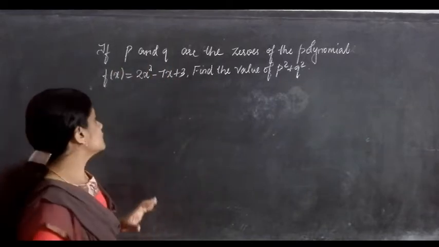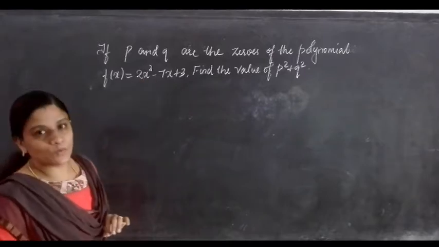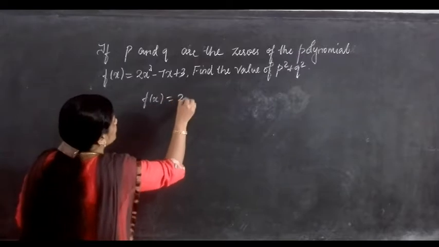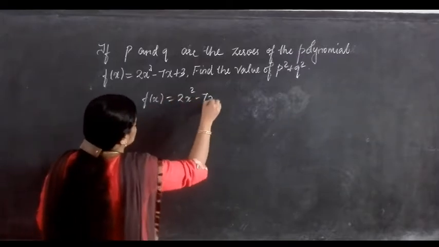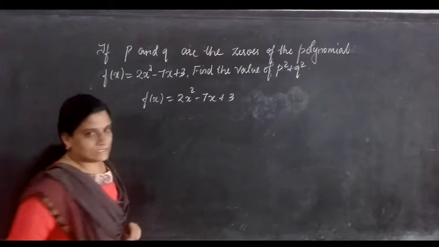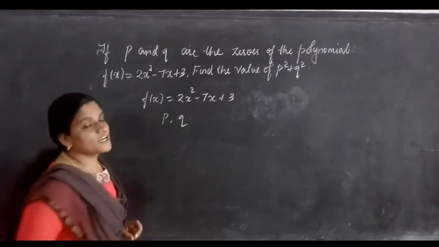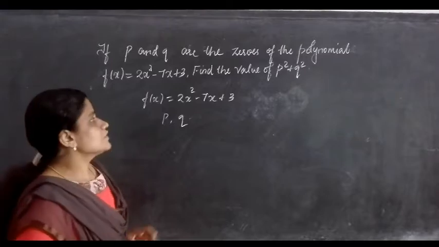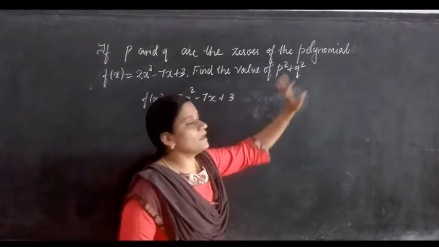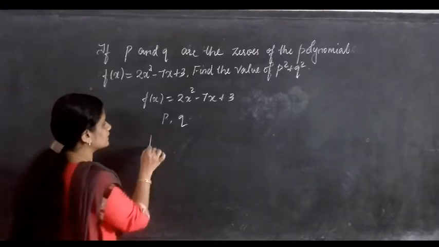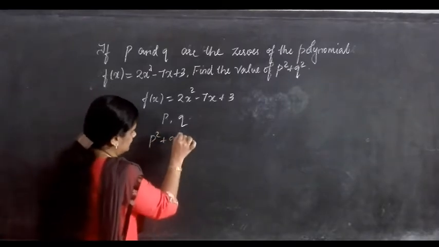So the polynomial given to us is f of x is equal to 2x square minus 7x plus 3, and p and q are the zeros of this given polynomial. We have to find p square plus q square.